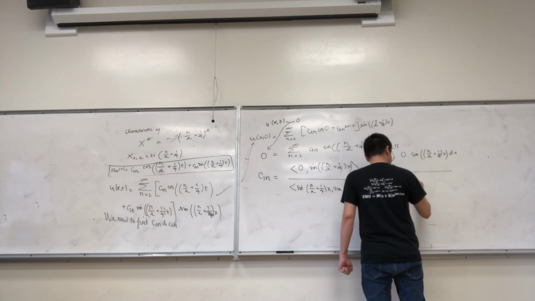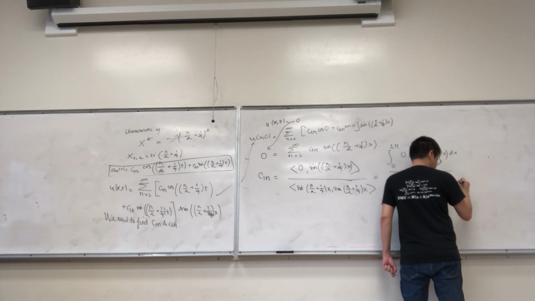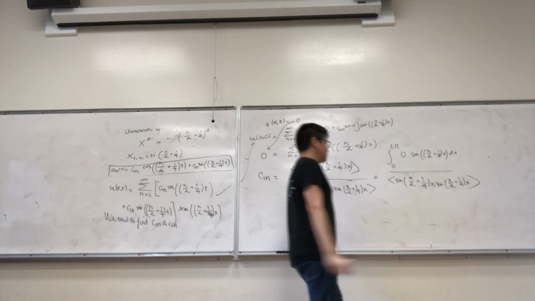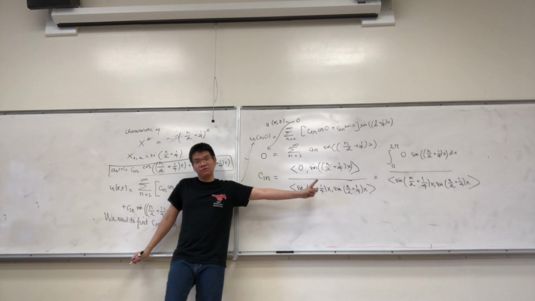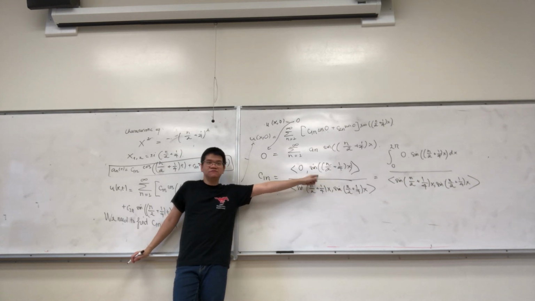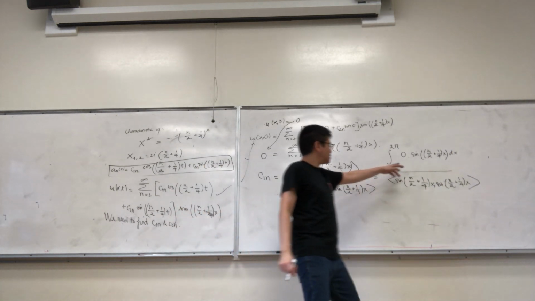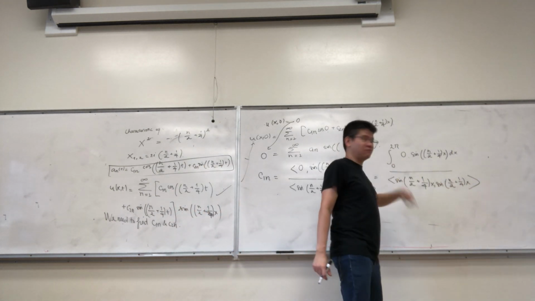The inner product is nothing but the integral: you multiply 0 with this function and take the integral, and of course this integral is 0 because you multiply by 0.